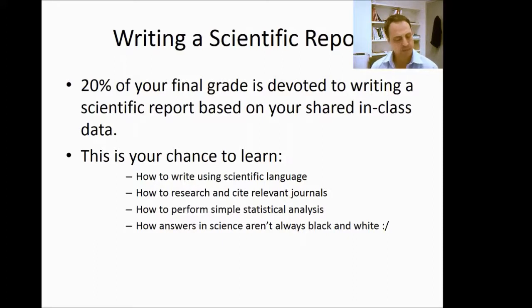You'll need to do some small statistical analysis, such as t-tests. And then you might find that the results don't quite match up with what you might read about in the scientific literature. But that's science. You have to explain it somehow. And we'll leave that up to you, because not all results are black and white. And this is good training, actually, for when you become a real scientist.